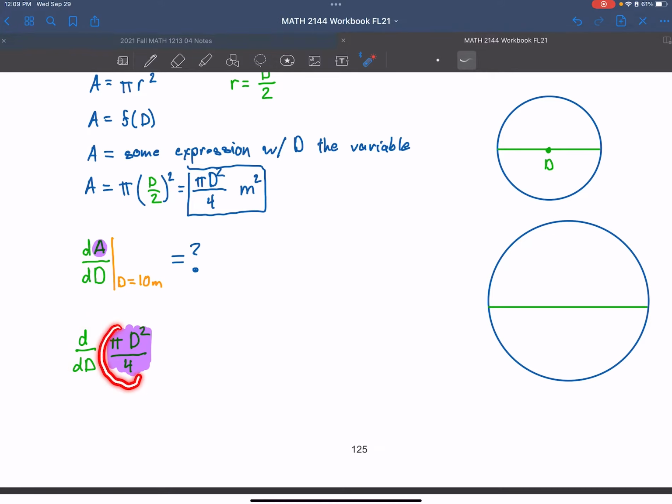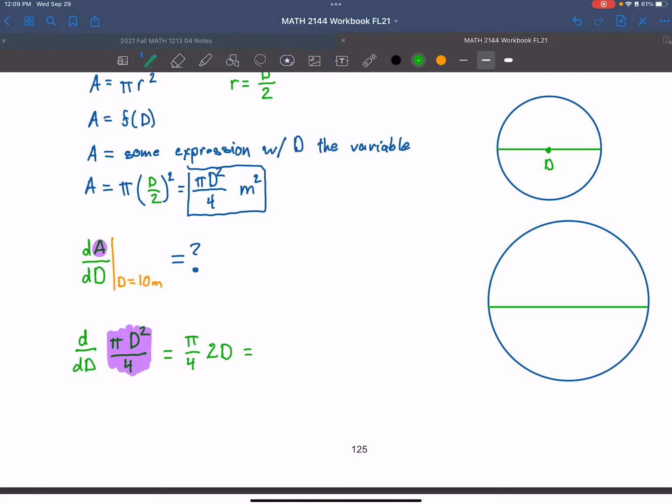Remember that pi over 4 is a constant multiple, so we can leave pi over 4 and take the derivative of d squared, which is 2d. That's the power rule. Remember that whatever is at the bottom of the derivative indicates your independent variable, so d is acting as the variable here.